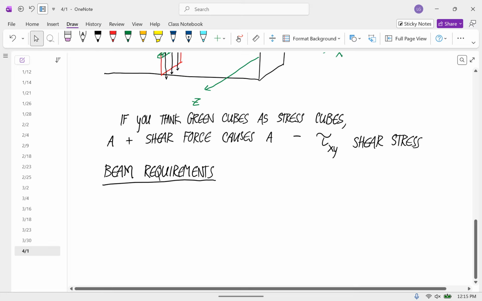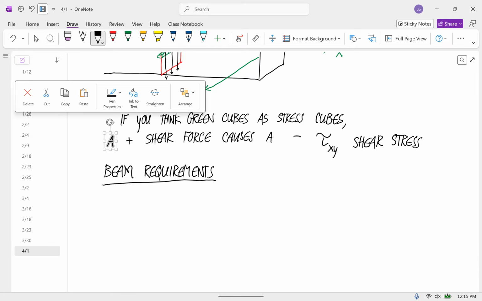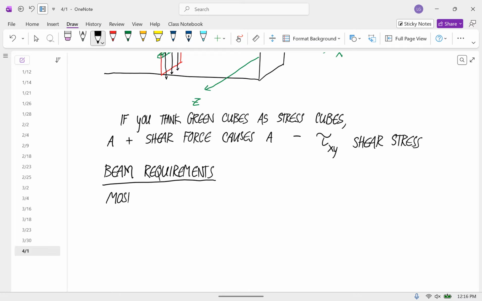For shear force, it's the most restrictive so far. In fact, it's so restrictive that I'm not even going to give you a category of things. I'm just going to tell you the 2 cases that we can deal with. And that's really all we can. So this is the most restrictive so far.